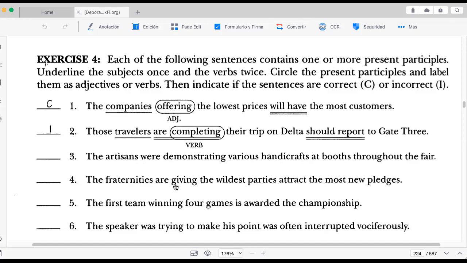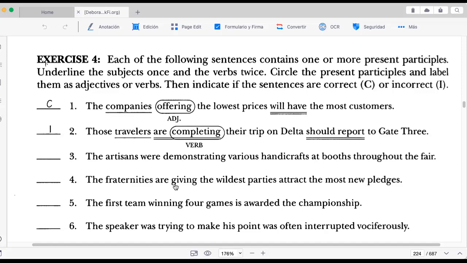The artisans. Artisans, very good. And then, what will be the verb? Demonstrating. Demonstrating, very good. Okay, and then we continue with more.